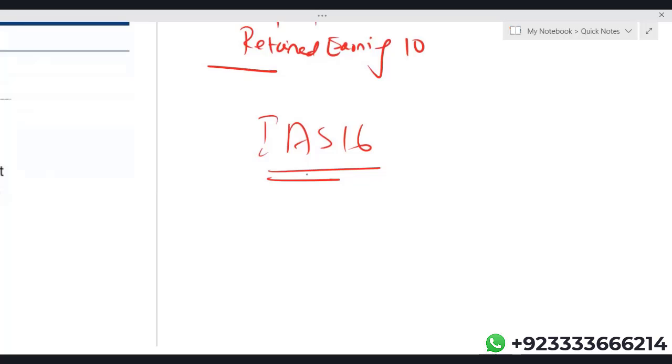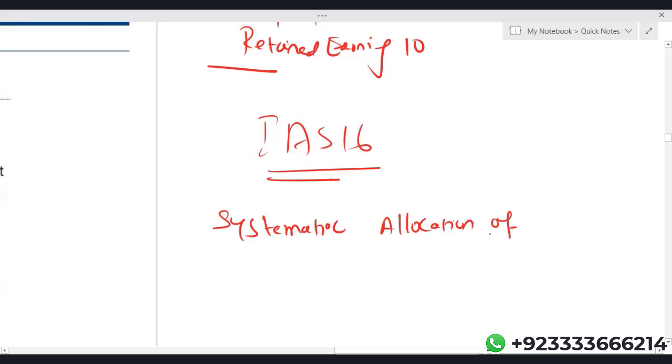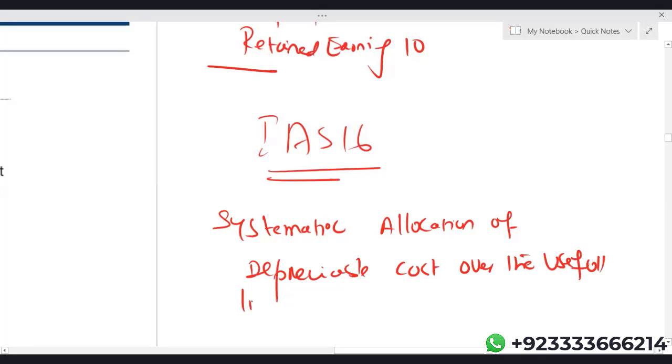But what is depreciation? Now listen, depreciation is the systematic allocation of depreciable cost over the useful life of the asset.